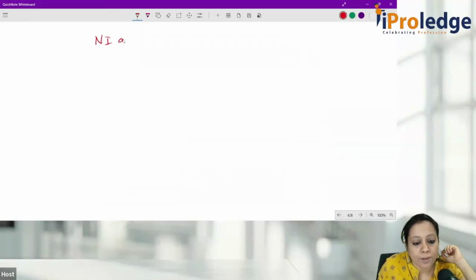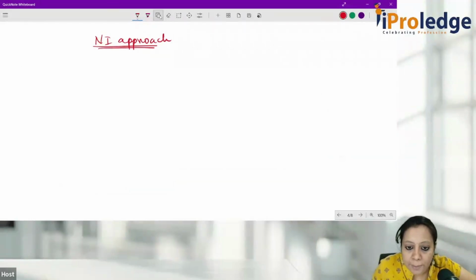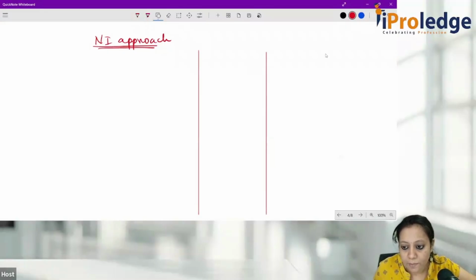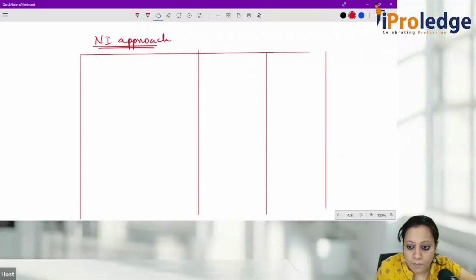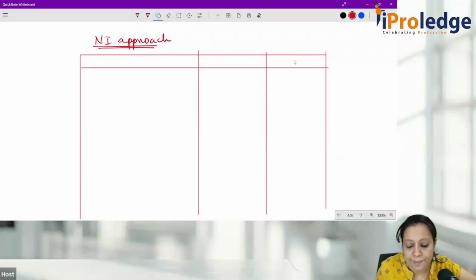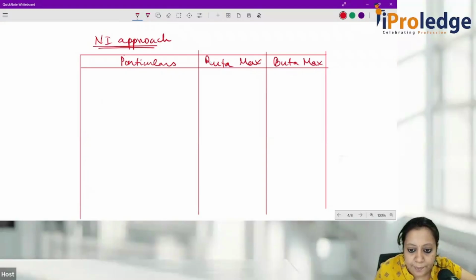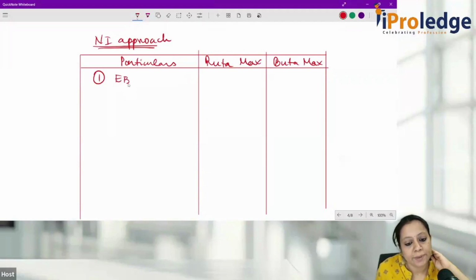So net income approach or net operating income approach. We have two companies, that is Rutamax and Butamax. Now we will start with EBIT.